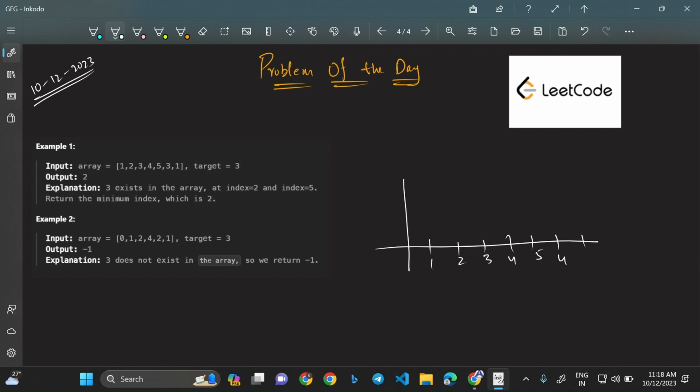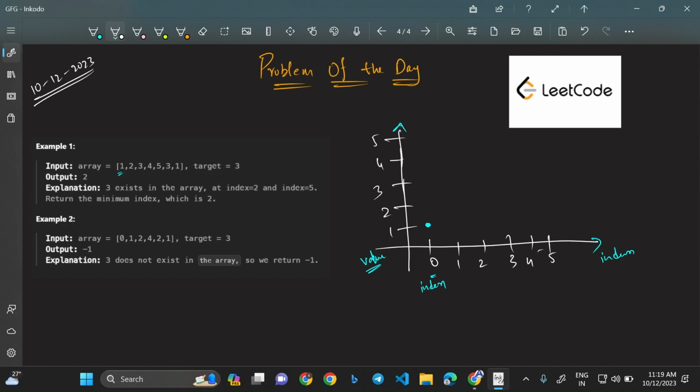Let us assume this is 0 indexed, so we write 0 index, 1, 2, 3, 4 and 5.